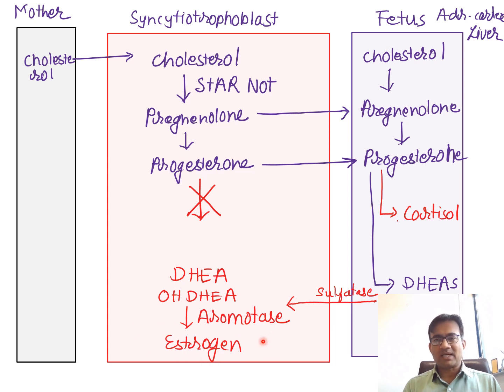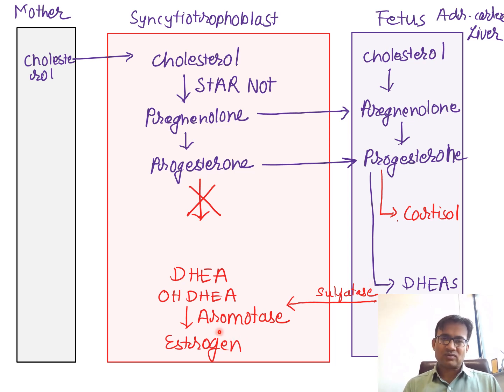These estrogens are a marker of the well-being of the fetus. This estriol is also considered a marker of the fetus because estrogen is mainly formed as a result of activity in the fetus. See, these enzymes are there in the fetus, so that is why estrogen is formed with the help of the fetus.